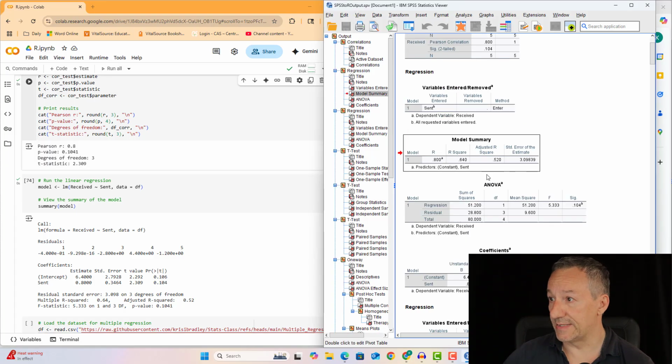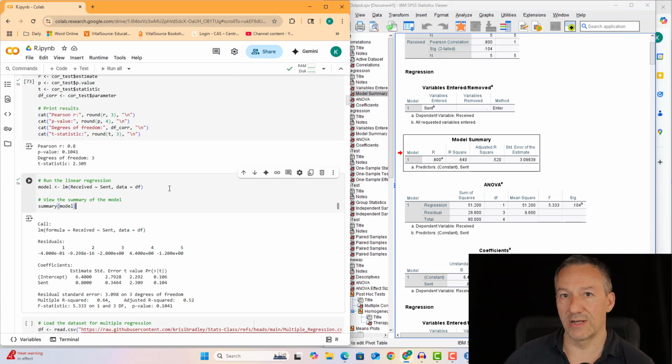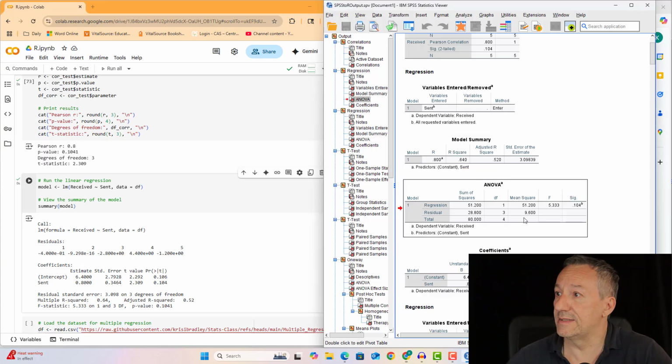And so in SPSS, if we have the predictor of sent to do the linear regression, where one variable is predicting the other, so we are saying that cards sent is predicting cards received from our df, our data frame. In SPSS, this is what that looks like. So we had an R squared of 0.64, that 64% of the variance in cards received can be predicted by cards sent.